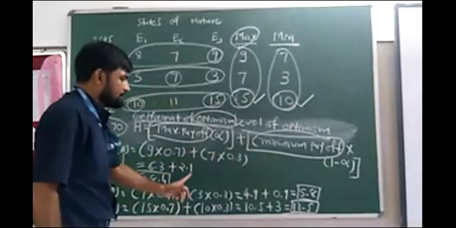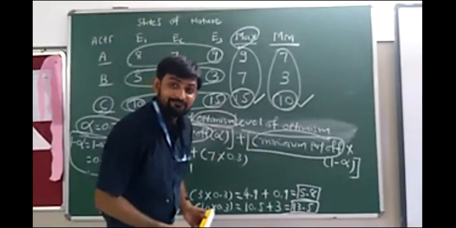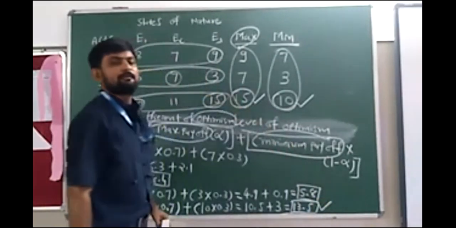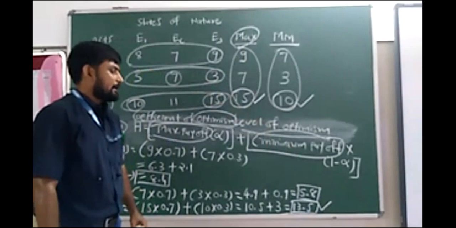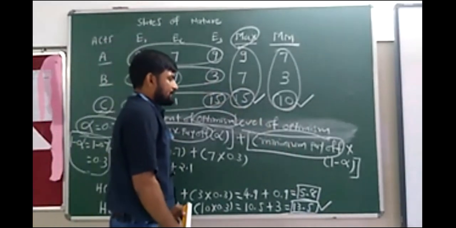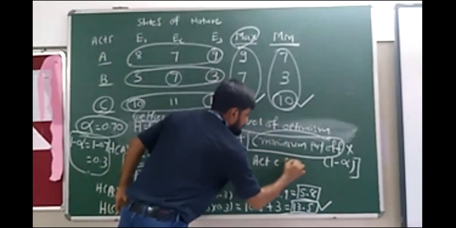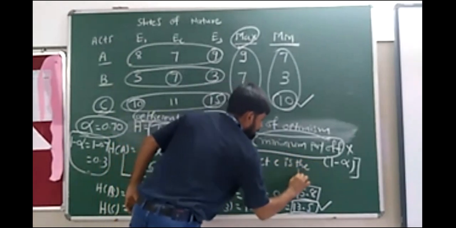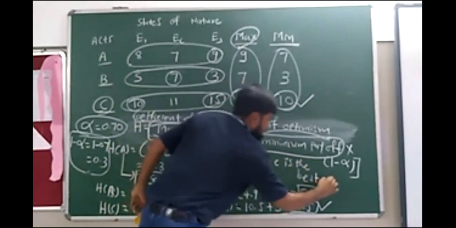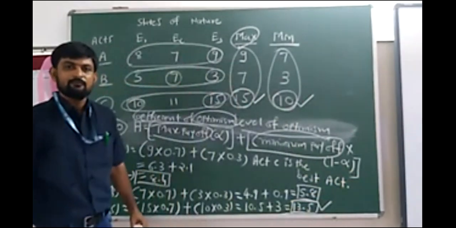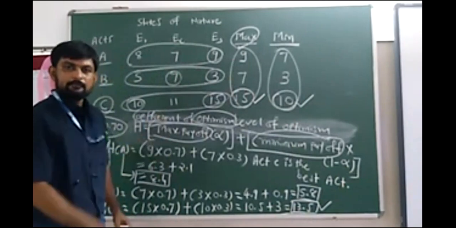And out of these, which one is maximum? Yes, 13.5 rupees is the maximum payoff. Hence, we can say that act C is the best act.